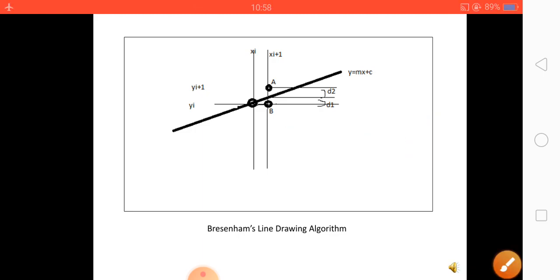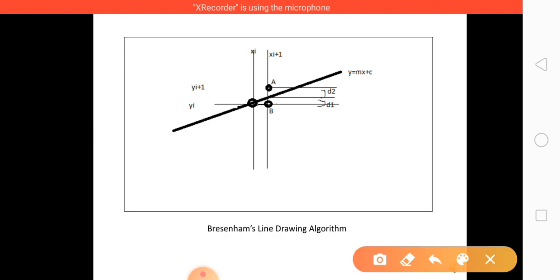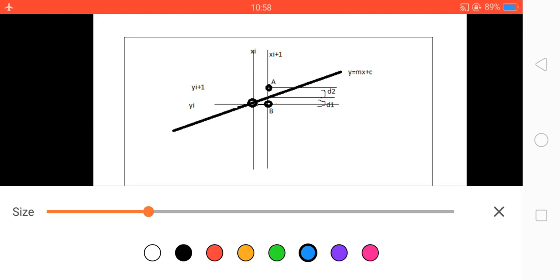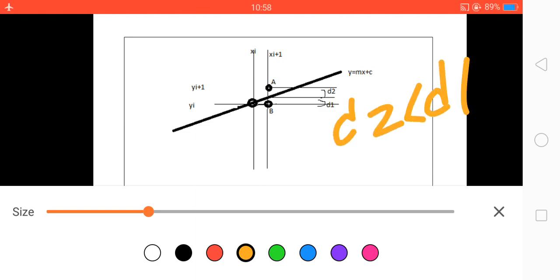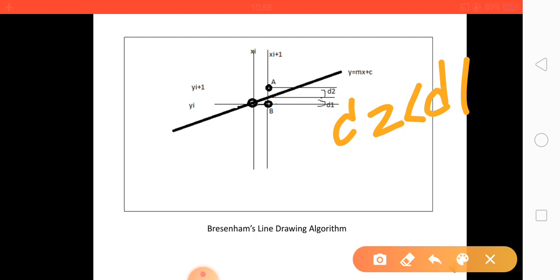If d2 is less than d1, that means the upper pixel is closer to the actual line path as compared to d1. Okay. d2 is somewhat lower distance than that of d1. So, distance of the upper pixel is nearer to the actual line path. So, pixel a is selected.